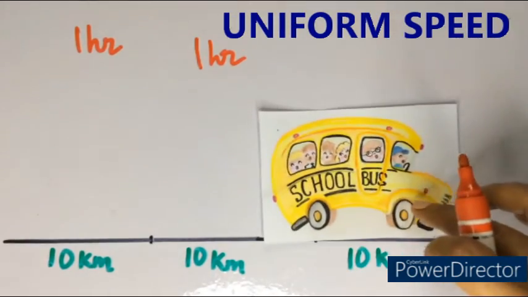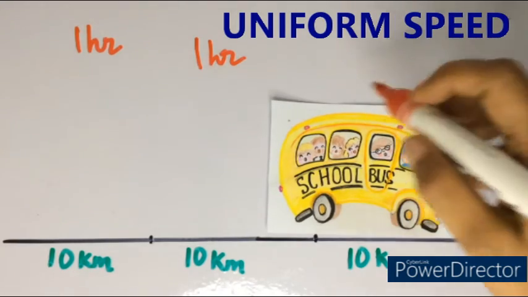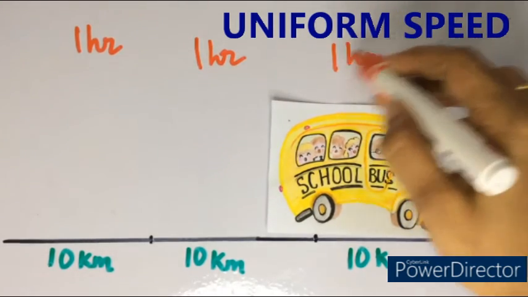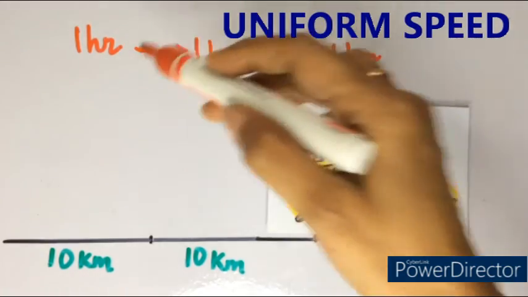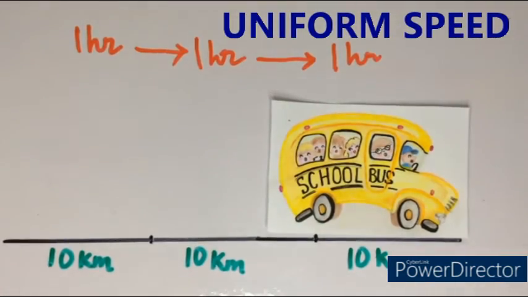Subsequently, it's covering 10 kilometers in 1 hour, that is, in a time interval of 1 hour each. So this example clearly satisfies uniform speed, because it is covering equal distances in equal intervals of time throughout its motion. So that's uniform speed.